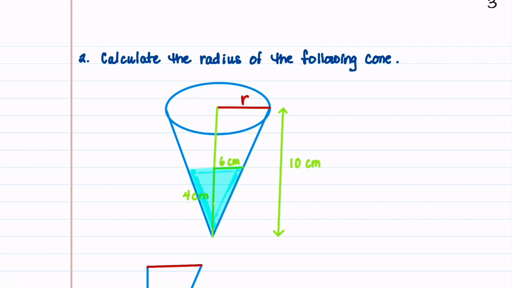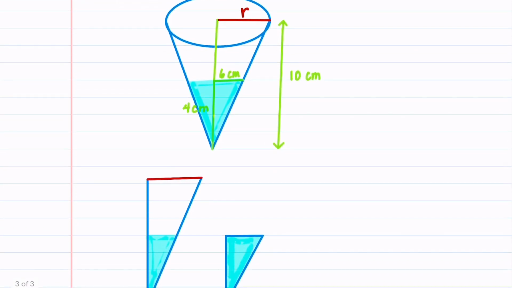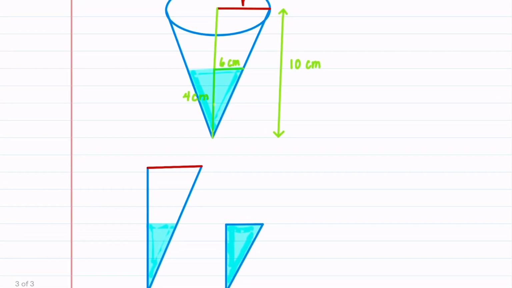In our second and last example, we're asked to calculate the radius of a cone that's given in this diagram. You can think of the blue part as perhaps water that might be filling up part of the cone. In the picture, you can see that we have 2 triangles which are broken apart below.